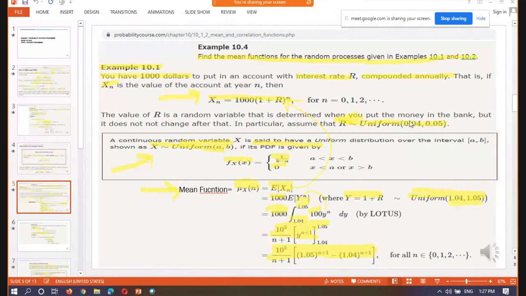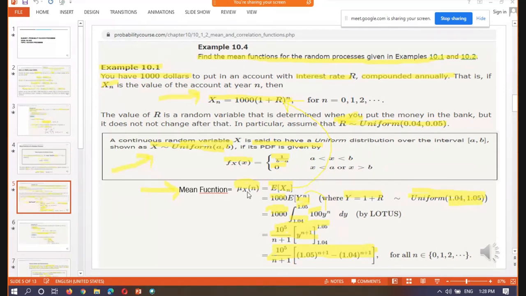As r is uniform 0.04 to 0.05, 1 plus r is obviously uniform 1.04 to 1.05, and for this case you have to calculate the density function of y, and the density function of y in that case is 1 upon 0.01, where y belongs to 1.04 to 1.05, and then you will get this and then this. So like this you do and you will get the mean function.